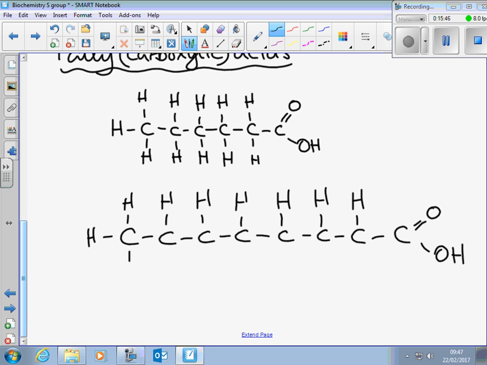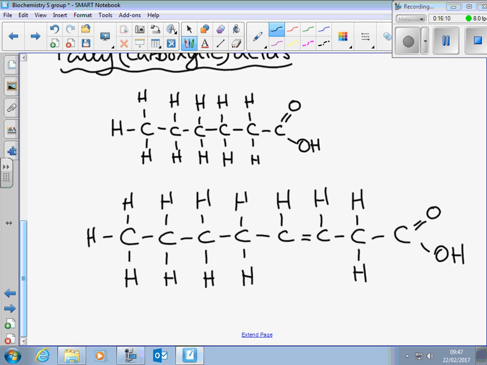And then we have these ones, 1, 2, 3, 4, and then I've got one there. So I'm going to need to put a double bond there, aren't I? So that all our carbons now have 4 bonds. So there is our unsaturated bit.